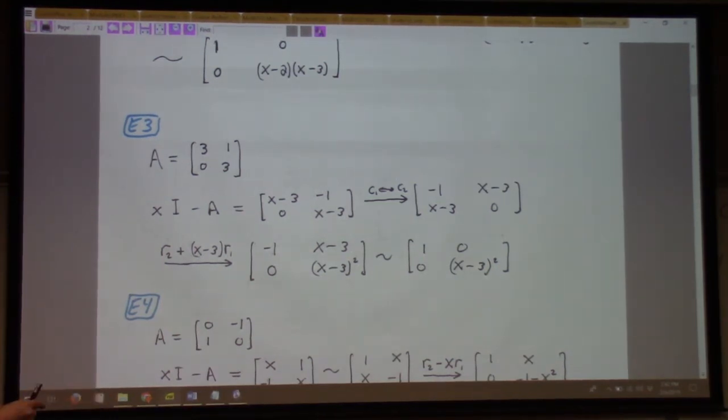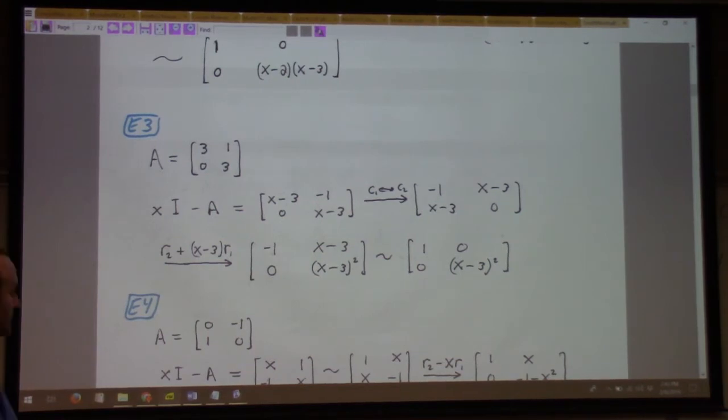So that means it's a contender for being the minimal polynomial. But it may be that there's extra factors that are repeated in the characteristic polynomial that we could strip away and still have it work out to 0. But I think, again, this is one of those examples where the minimal and the characteristic polynomial are equal.